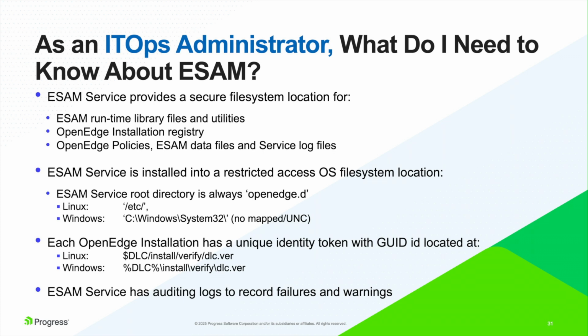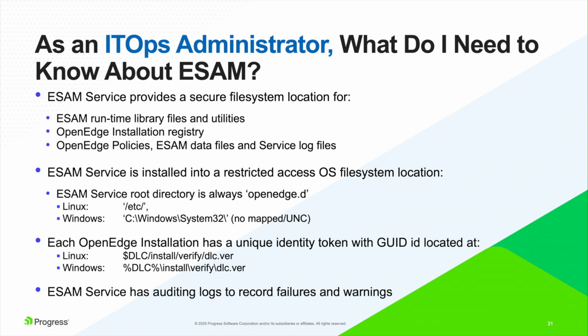If you look at the post installation, you'll notice that there are runtime library files and utilities there for administrators. There's the installation registry file, the policy configuration files, any data files, and service log files, which are there for auditing.